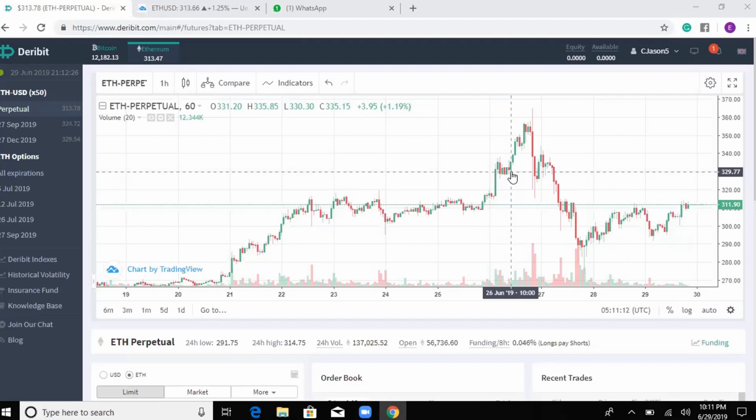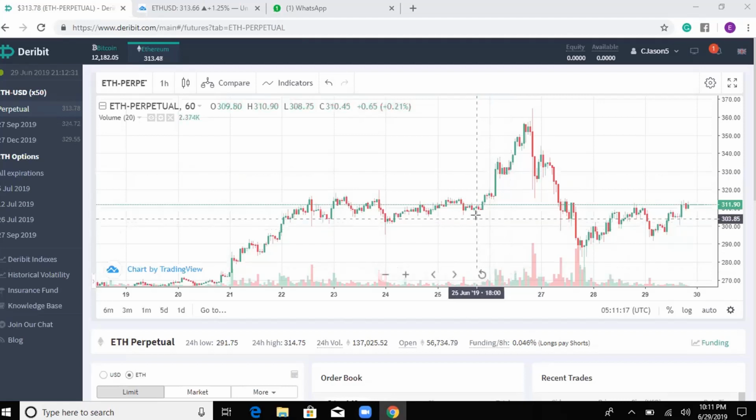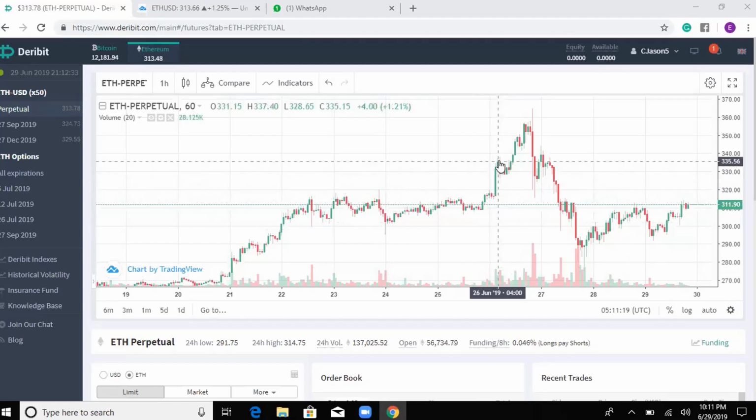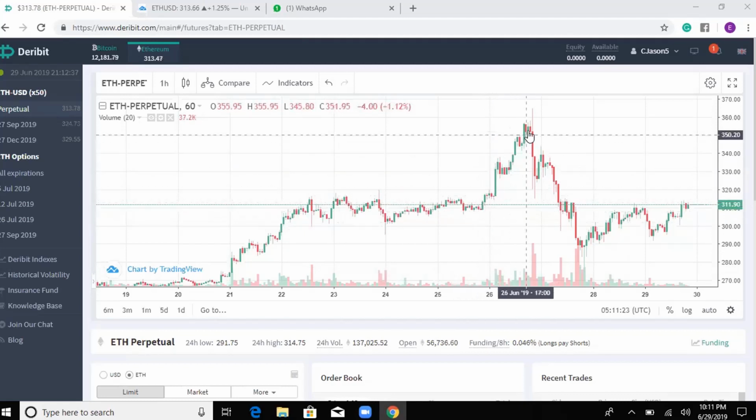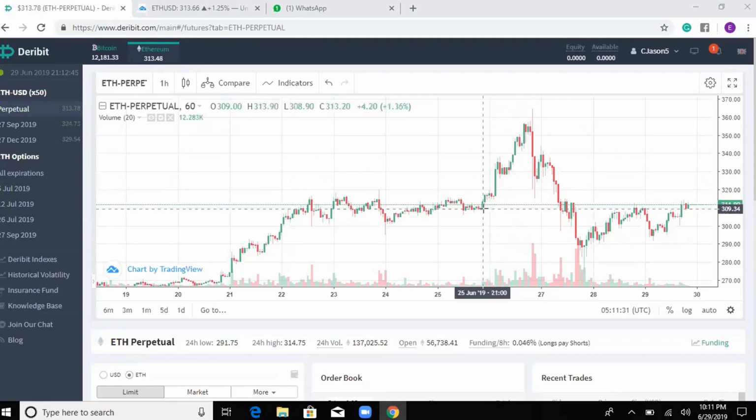That's very nice. And you see, the reason why that is so important is because when you're getting in, it's not like you're just going to be seeing all green candlesticks. It's never all green. But you're going to be seeing green candlesticks and then some red, and then some green, and then some red.